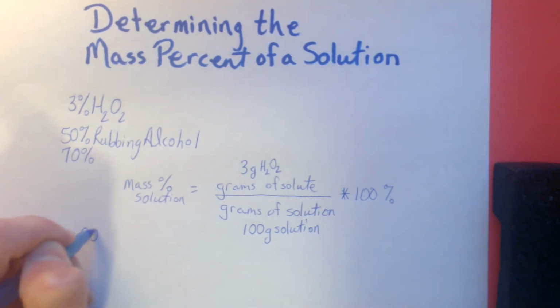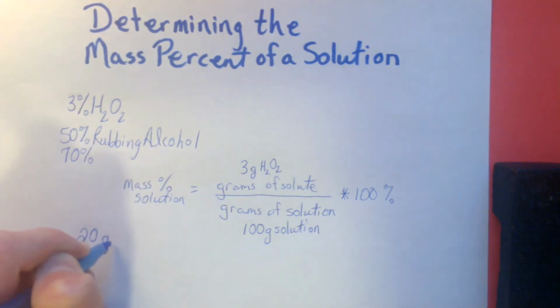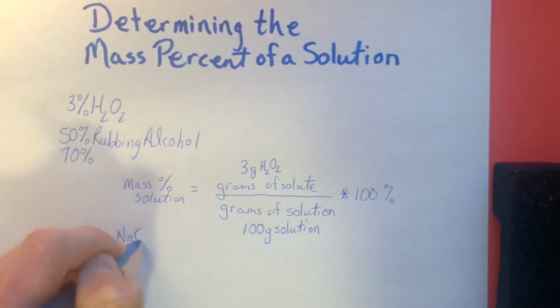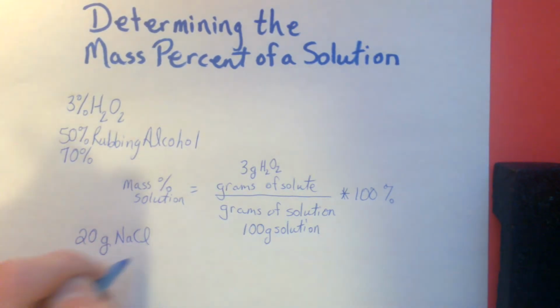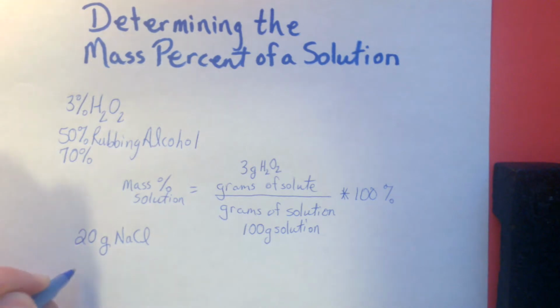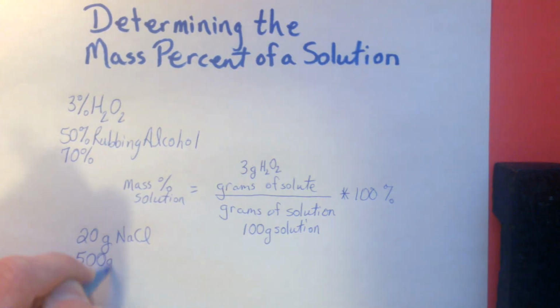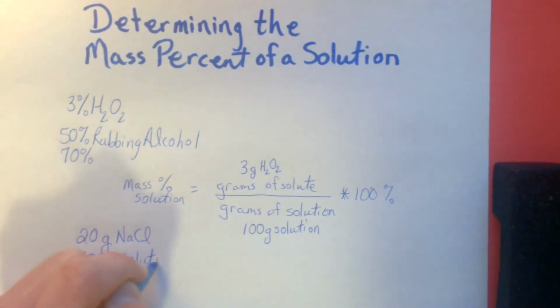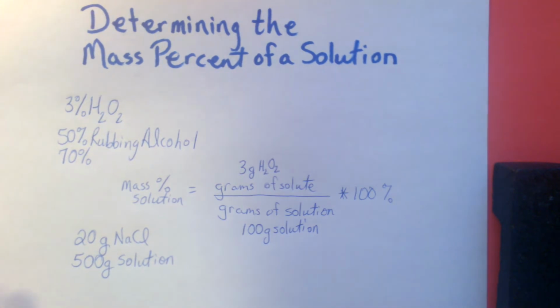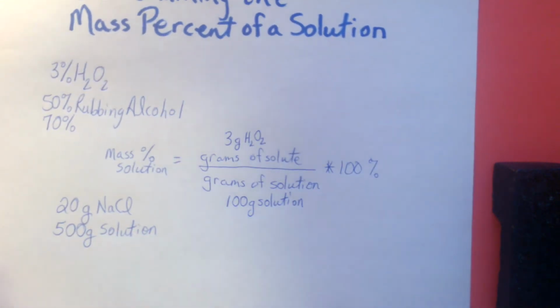So if we had, for example, 20 grams of, let's say, sodium chloride salt, and that was dissolved in a total of 500 grams of solution. So we mix it into some water, stir it up, let it dissolve, and the total mass of the solution is 500 grams.